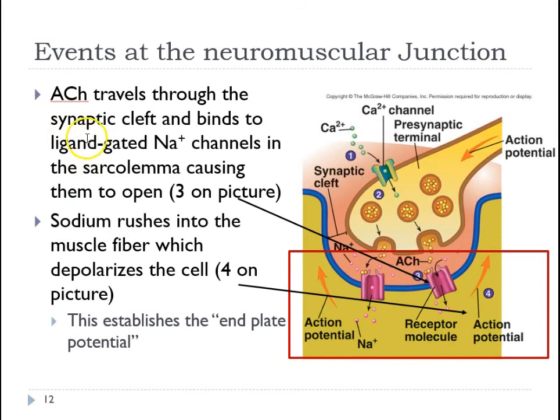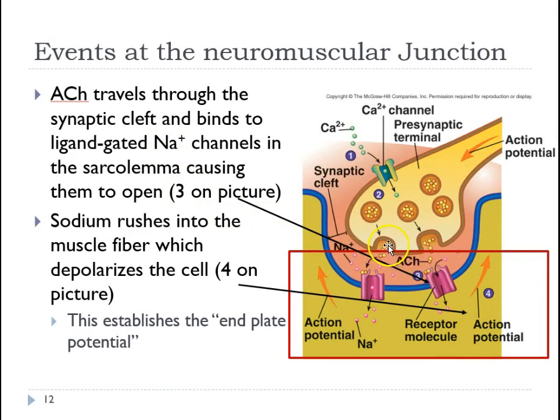Ligand just means an area that only is looking for one thing. And it's a gate, so this gate could be opened or closed. And what's the key for this ligand gate? It's going to be acetylcholine. And when acetylcholine opens the gate, what's going to rush in is sodium.